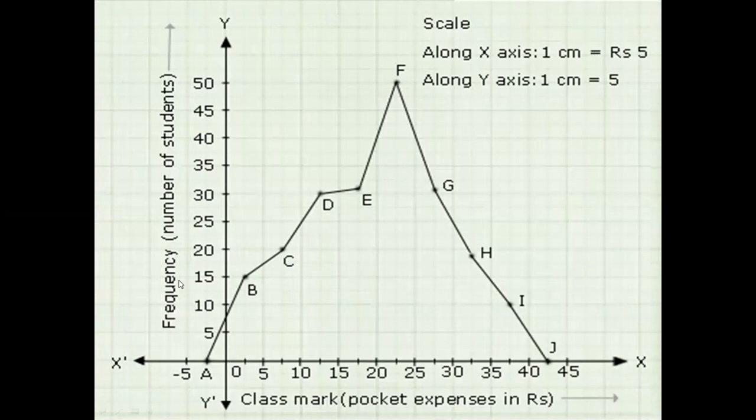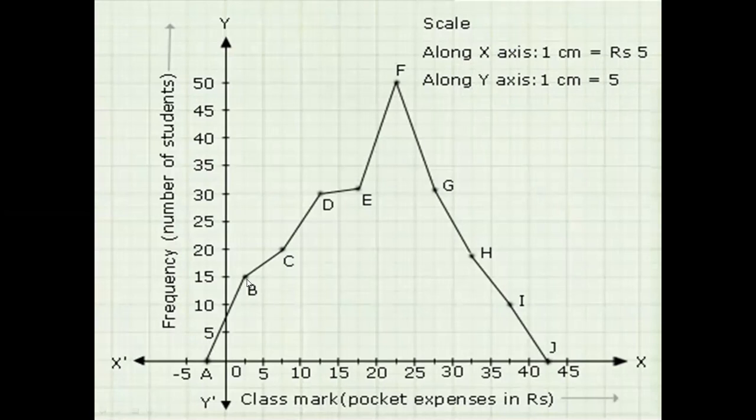So here frequency is given as number of students. Class mark, that is the midpoint of the class interval, is considered as pocket expenses in rupees. And scale says along x-axis 1 centimeter is equal to rupees 5, and along y-axis 1 centimeter is equal to 5 students.